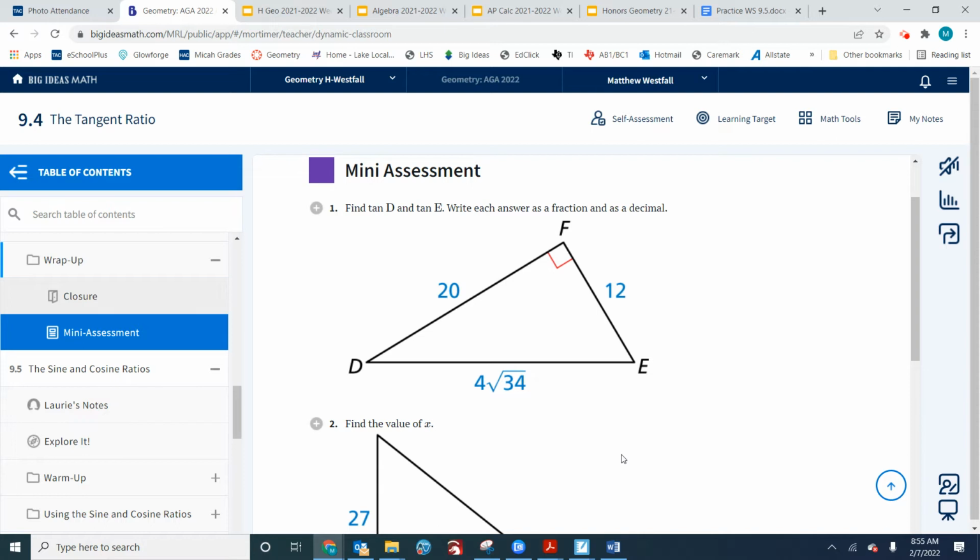Oh, that's district. That's not right. Is anybody seeing it? Mine's not even moving.